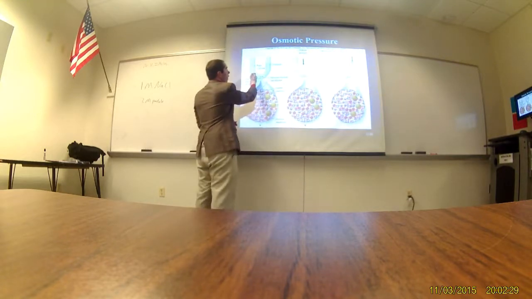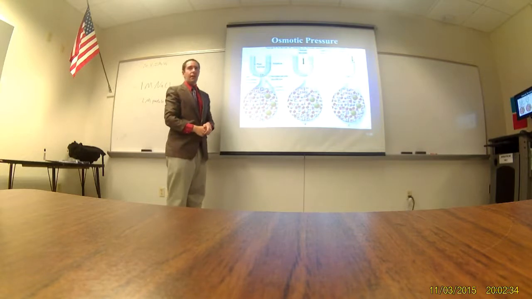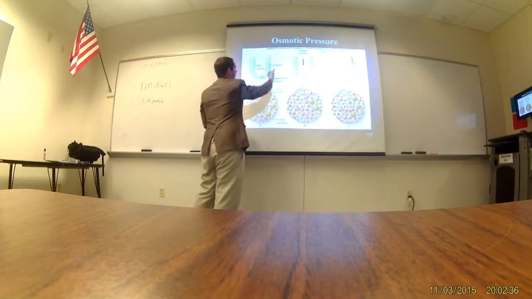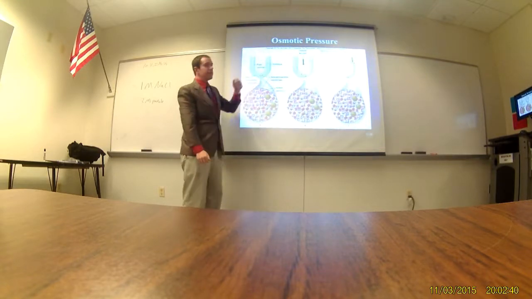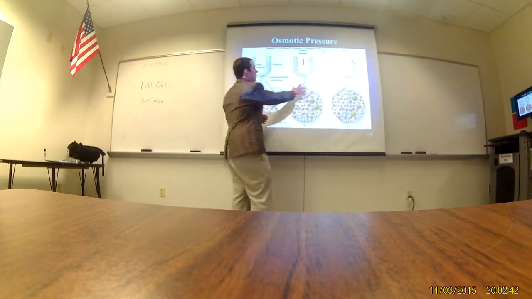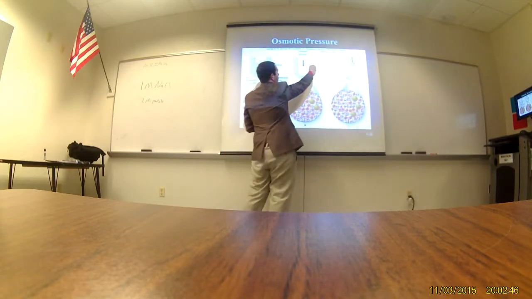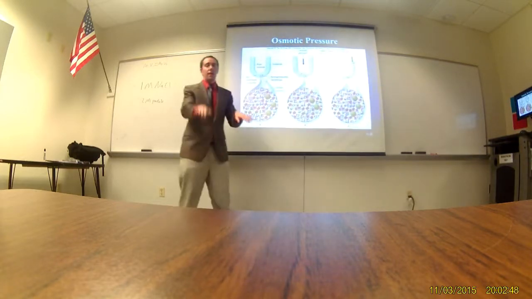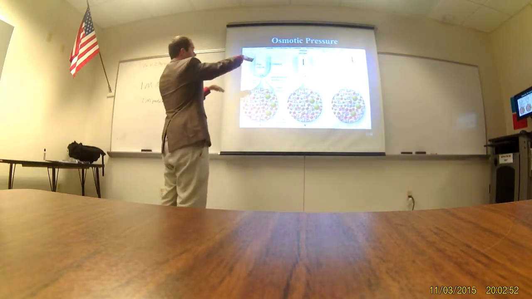The water goes towards the high concentration. It wants to dilute the thing that already has the higher concentration. So if you do this and you let it sit a while, you're going to end up looking like this. It's going to be this much water over here and this much solution over there. They're no longer equal. This side went down and this side went up.